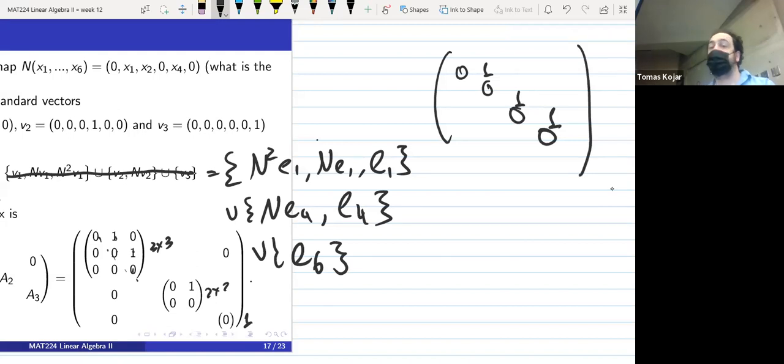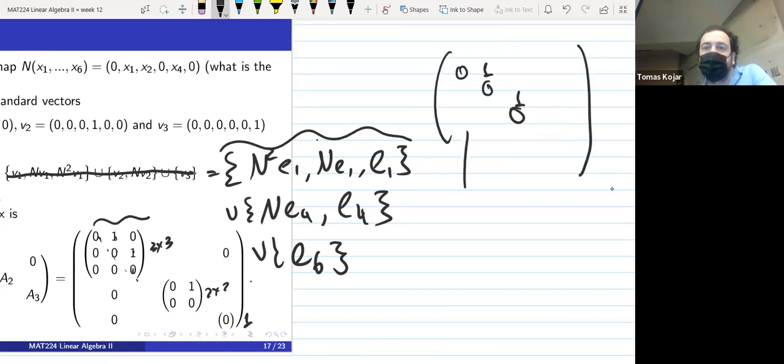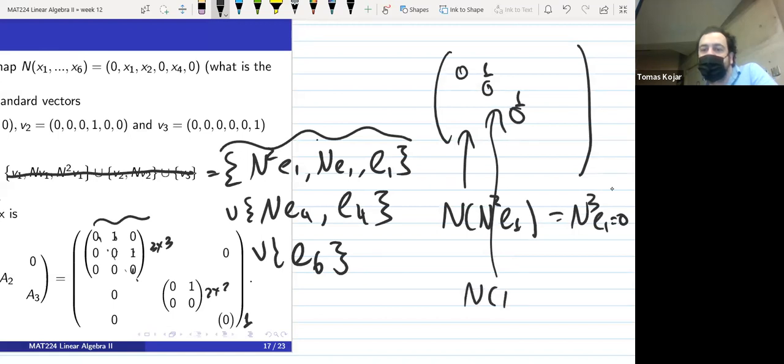You can just write that. You understand? And okay, let me explain how you get this. I explained it last time, but let me do it again. So the first 3 columns here are given by evaluating over this basis. So the first column is n of n squared E1, which is what? Yeah, so this is n cubed, which is zero, because that's the nilpotency. And then the next guy is n of n E1, which is just n squared E1, which is the first entry.